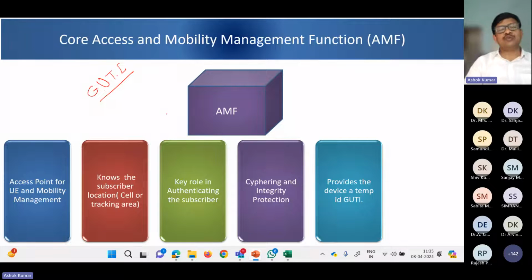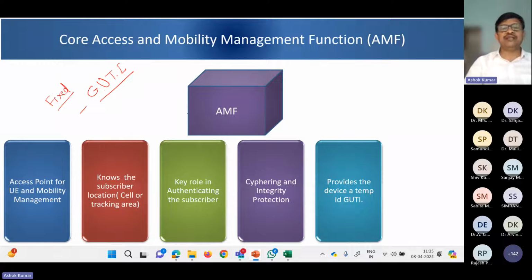So AMF provides GUTI to UE and UE uses that GUTI while it is interacting with the 5G core network. So first time it will provide the encrypted version of IMSI, which is called SUCI, and later on it provides GUTI. And there are occasions on which a different GUTI is provided by AMF to a UE. It's not a fixed one.